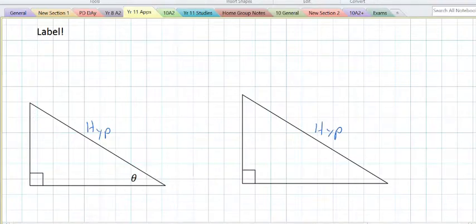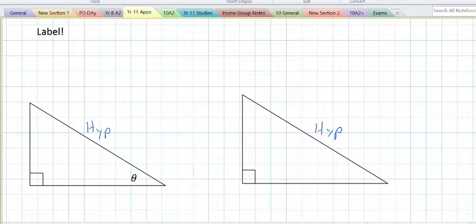So with Pythagoras, it didn't matter which of the other two sides we labelled A and B. Here it does matter. We can't just label opposite and adjacent randomly. We have to think about the angle we're either given or finding, and the opposite and adjacent occur in relation to that.